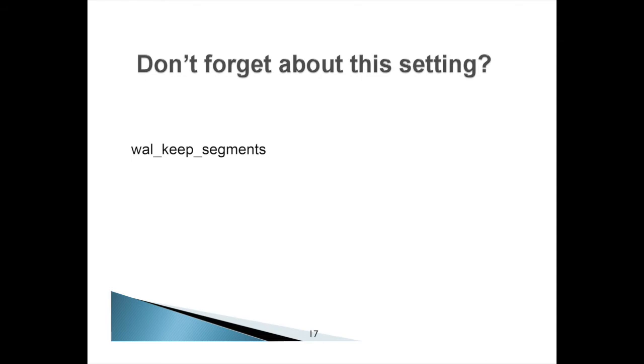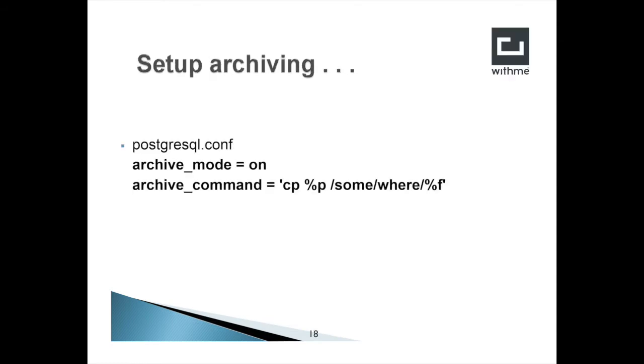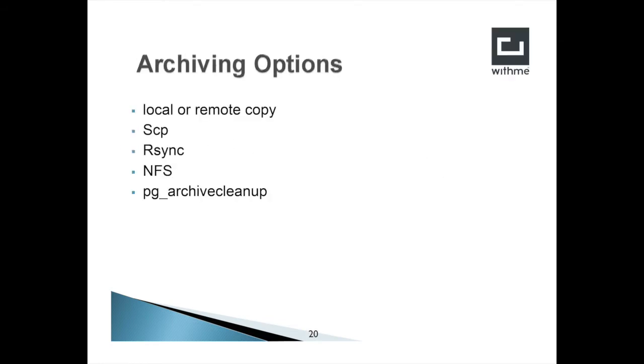It's very complicated to manage all these things, so that's what the tools provide. And for the archiving option, you can do local or remote copy. You could do SCP, rsync. Some people use NFS, like you put an NFS mount point on both systems, so you don't have to copy the files. That's one way to do it.